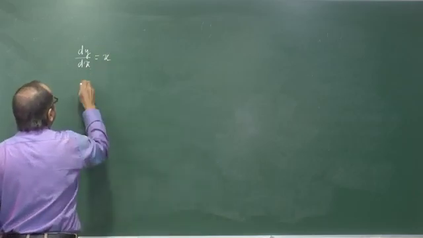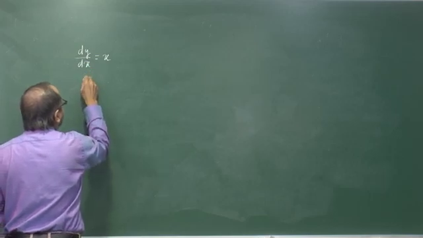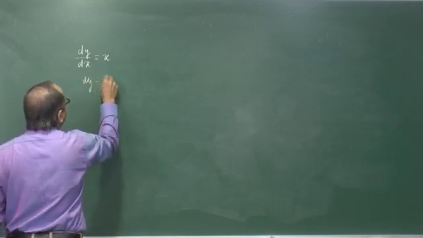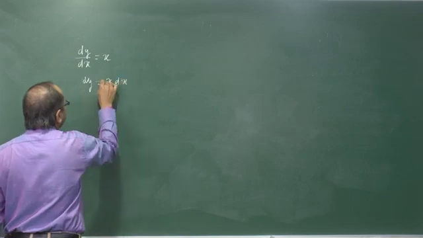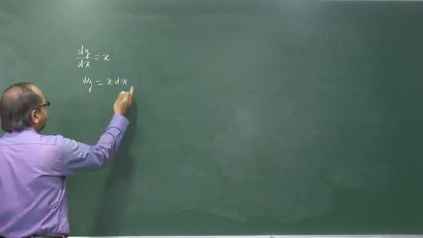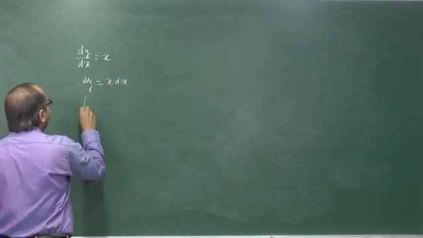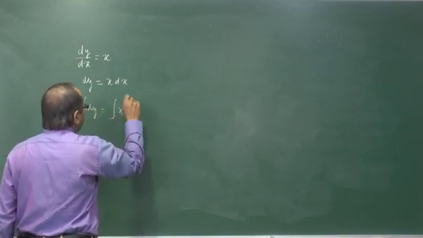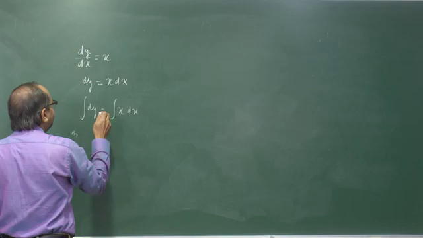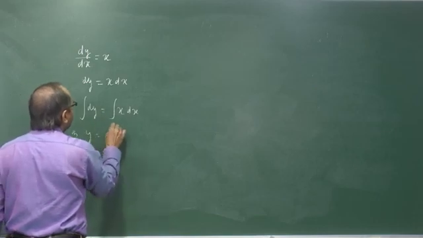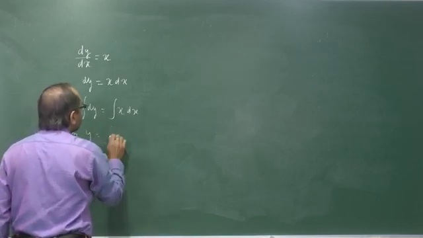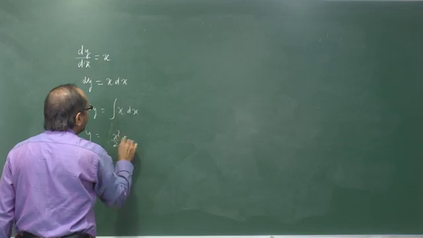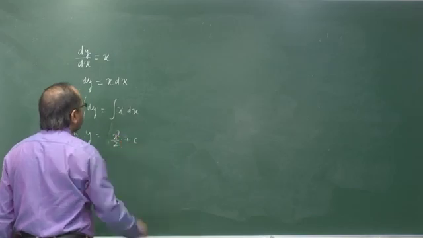Then dy is equal to x dx, a very simple way where we can separate the variables and integrate. Integration of dy is equal to integration of x dx, so y is equal to x square by 2 plus say c.